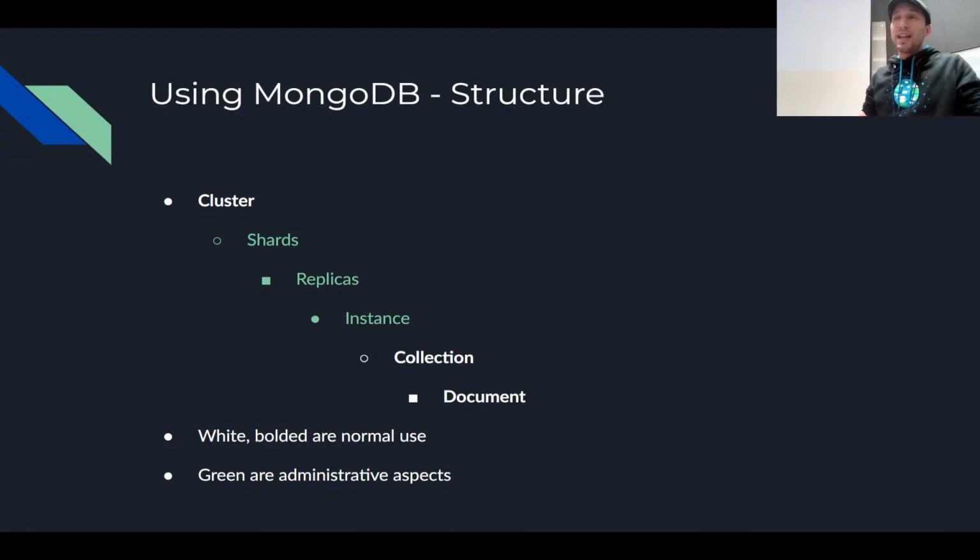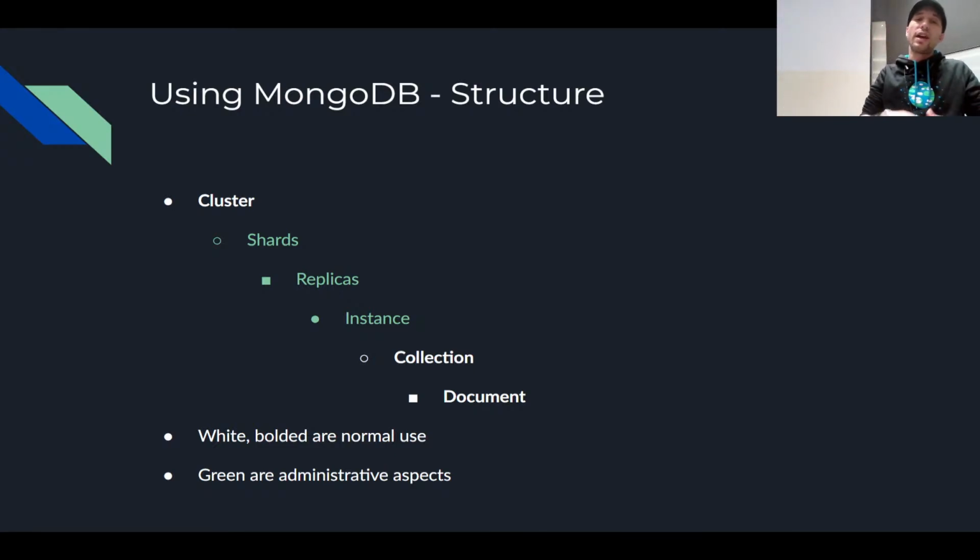And then there's an instance within the cluster, an individual server that is physically storing the data. But the shards, replicas, and instances are all the infrastructure layer of things. If you are not administering and managing the cluster, you don't need to worry about that. If you're just a user of MongoDB, you can forget that stuff, okay?